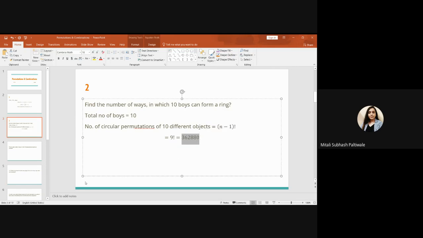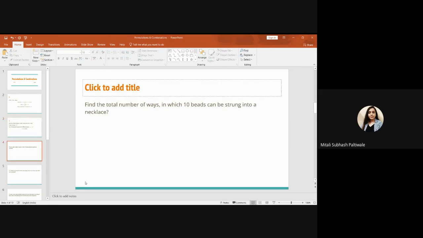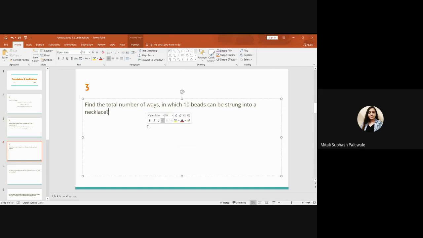Okay, now let's move on. Find the total number of ways 10 beads can be strung into a necklace. Now 10 beads we have to string into a necklace. Let me tell you: total number of beads are 10.